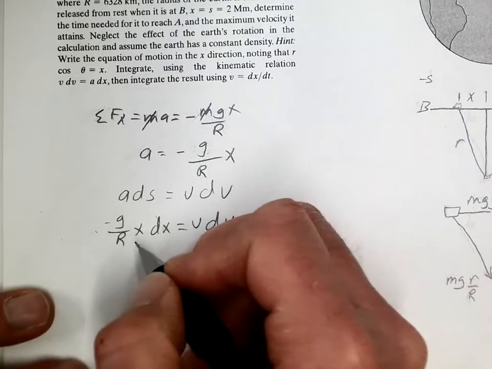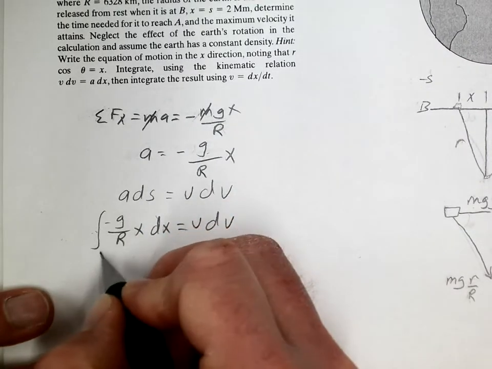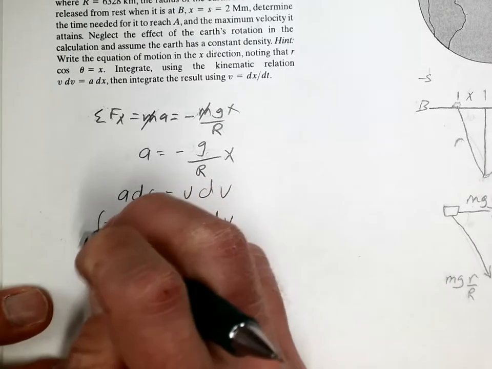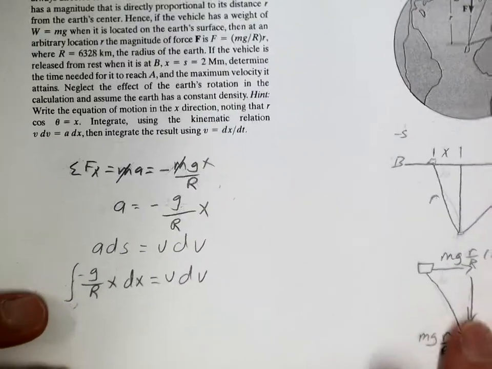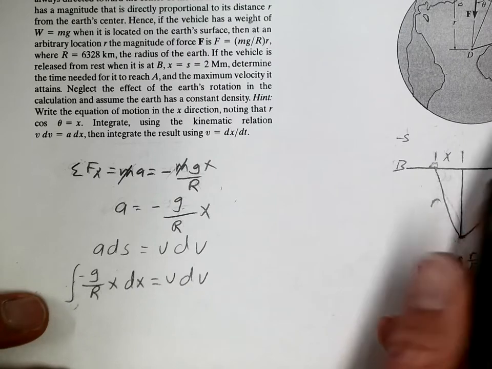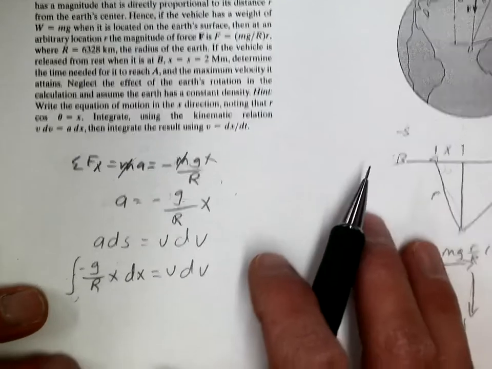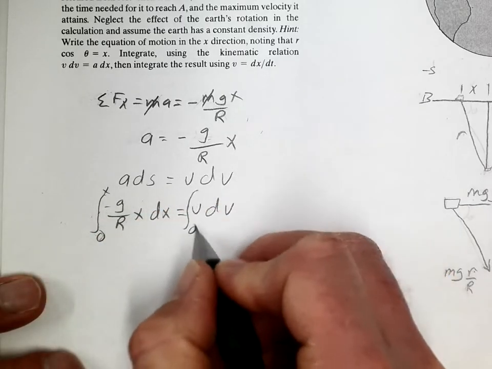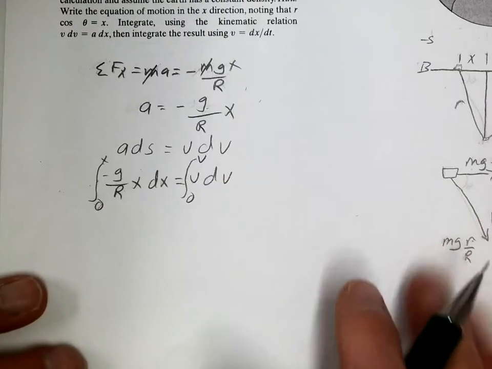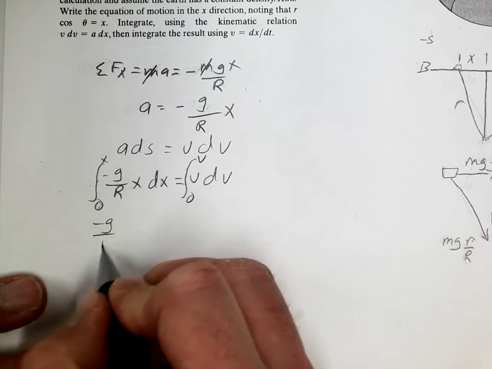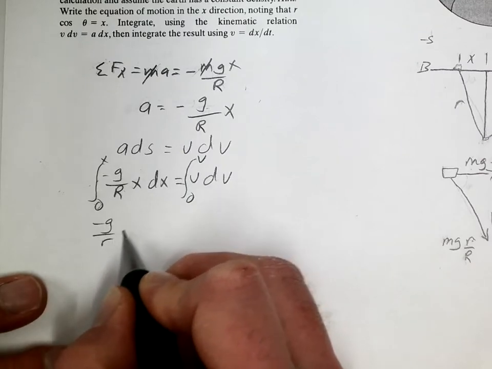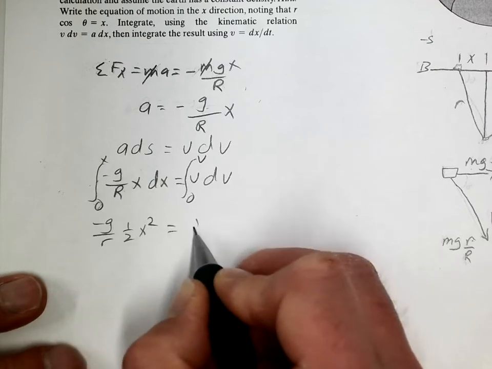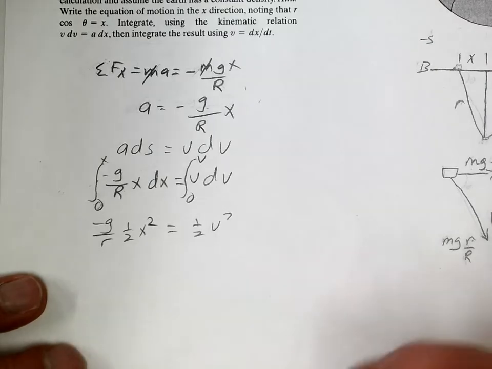We'll integrate this from 0 to x, just for now, and from 0 to v. So now we got negative g over R, 1/2 x squared equals 1/2 v squared.